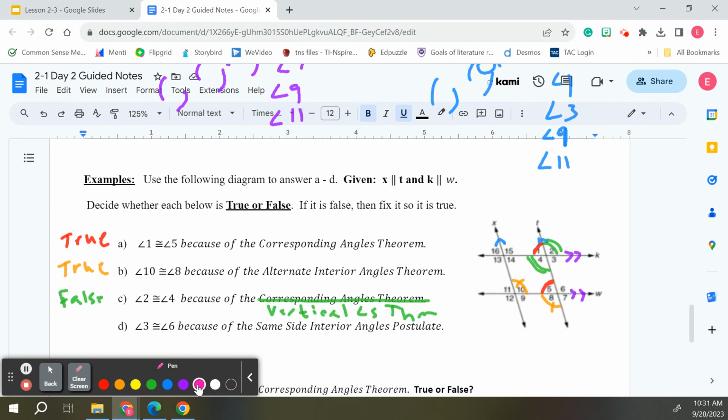All right, let's take a look at letter D. Angle 3, here's angle 3, is congruent with angle 6. Is that true or is that false? And they're saying by same side interior angles. Go ahead. It's false. Why?